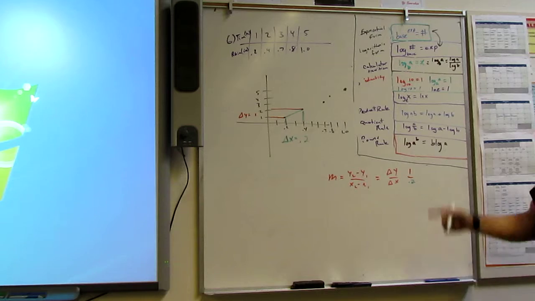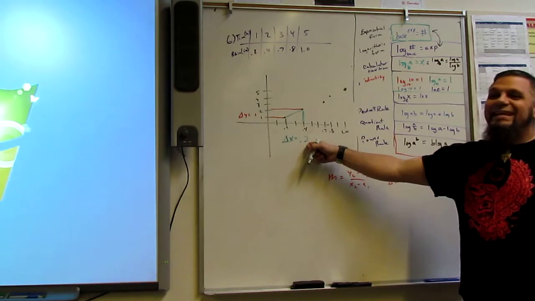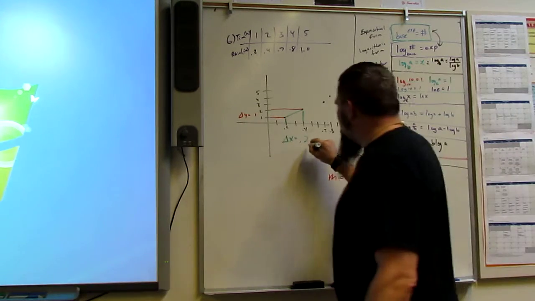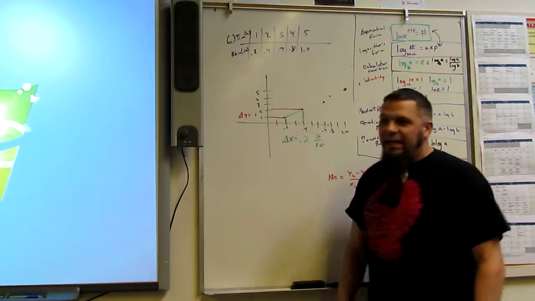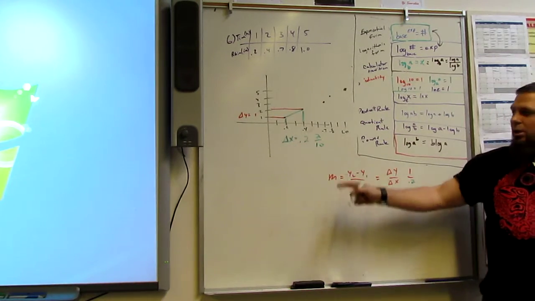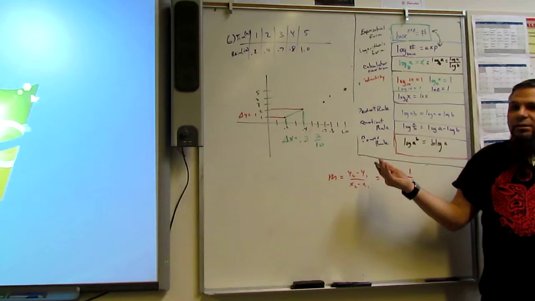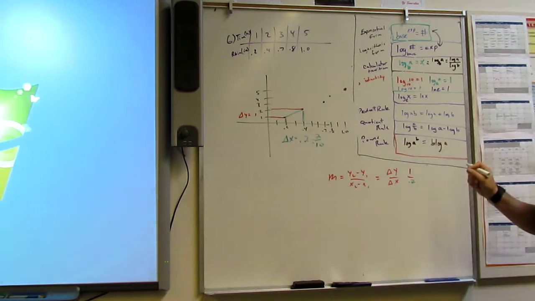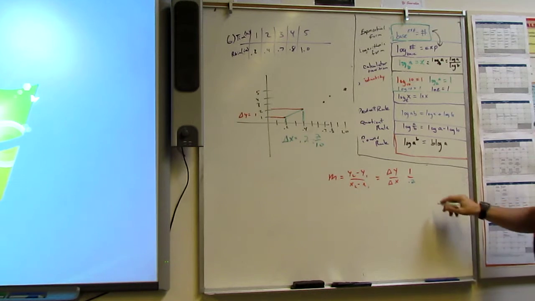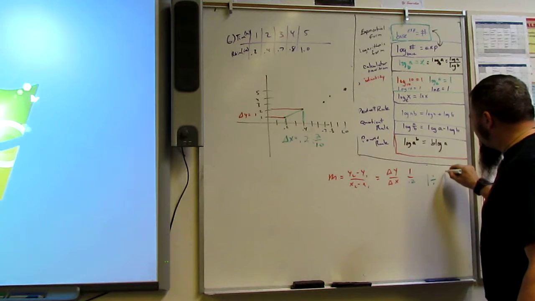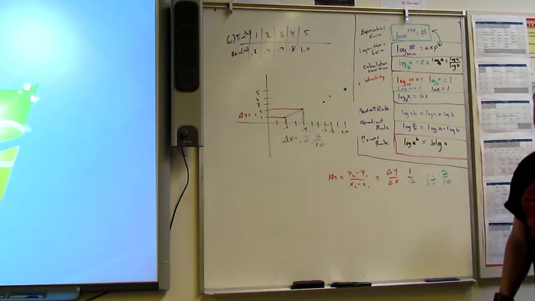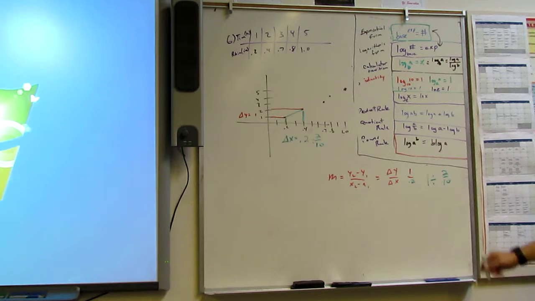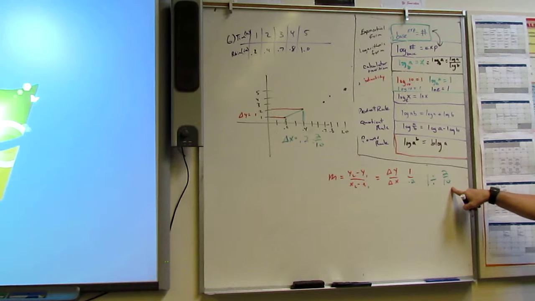All right, so 2/10. That's it. That's all it is, right? And so when I think about this, and I'm dividing by 2/10, 1 divided by 2/10, right? Then I flip it.